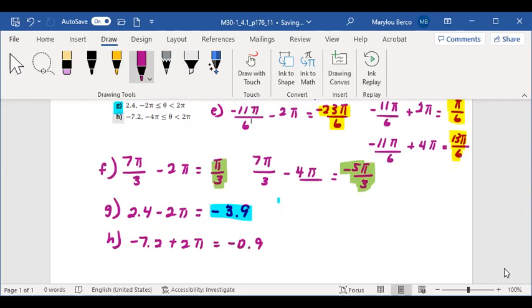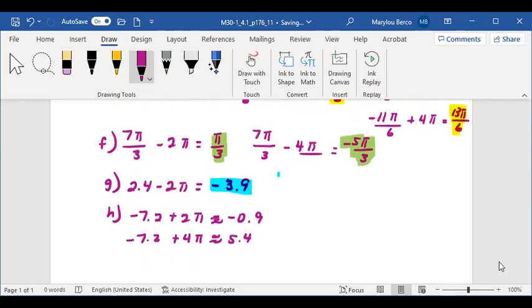We have negative 7.2 plus 4 pi equals approximately 5.4. Negative 7.2 minus 2 pi equals negative 13.5, but that is outside the specified domain.